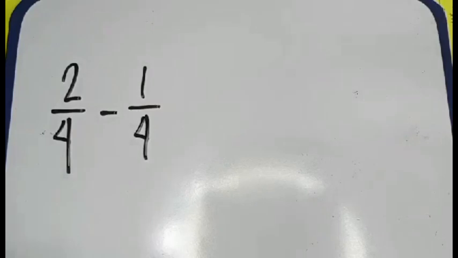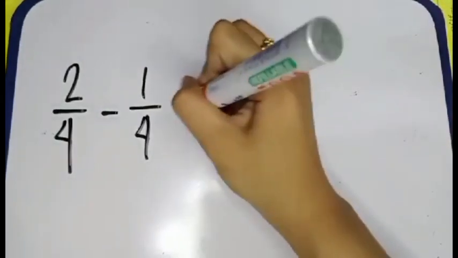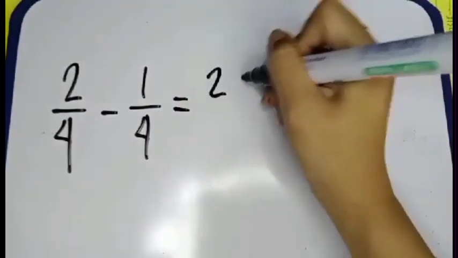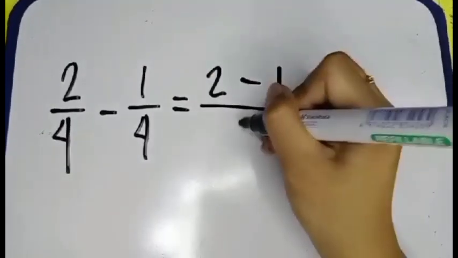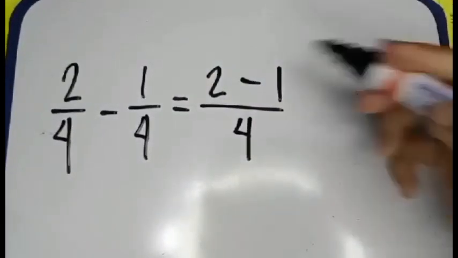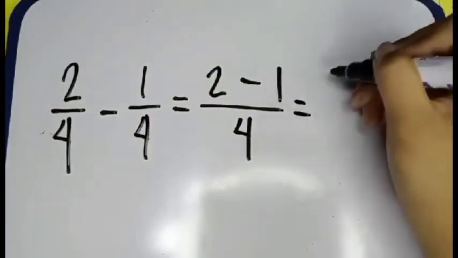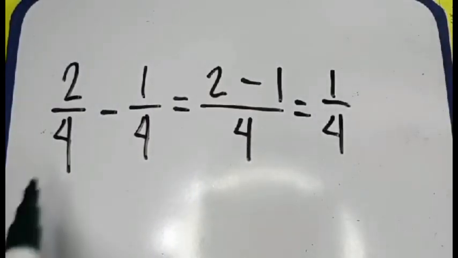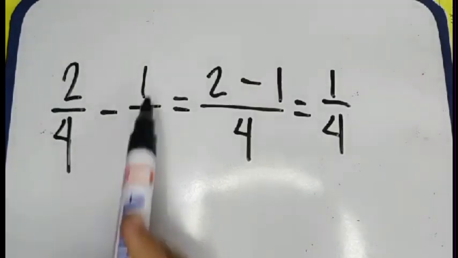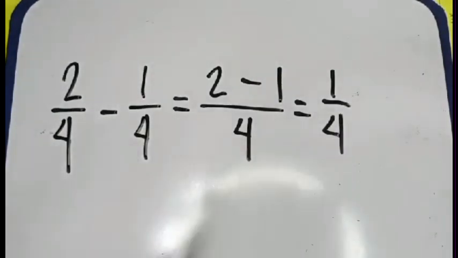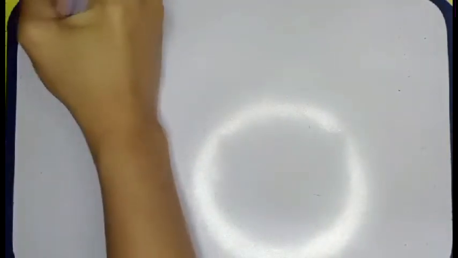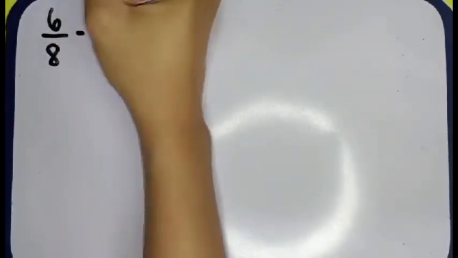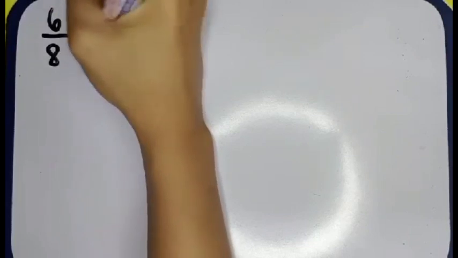Basically, we just simply subtract our numerators, 2 minus 1, then copy the denominator. 2 minus 1 is equal to 1. Copy again the denominator. Therefore, 2/4 minus 1/4 is equal to 1/4. Second, we have 6 over 8 minus 5 over 7.